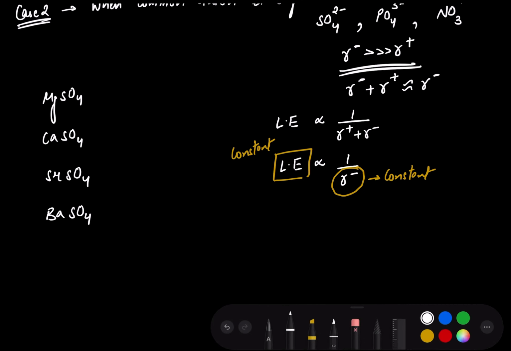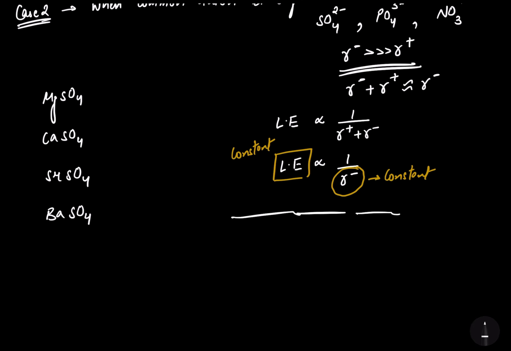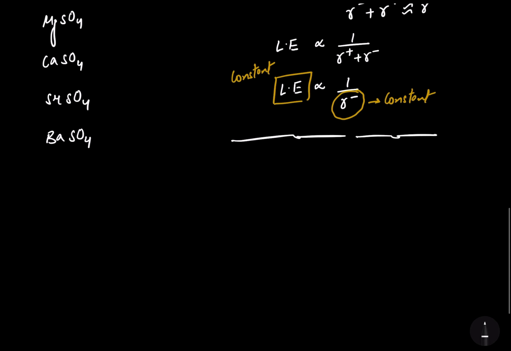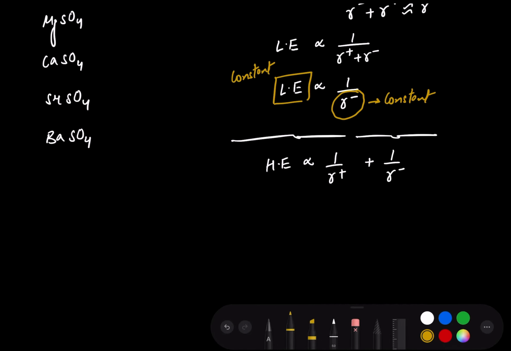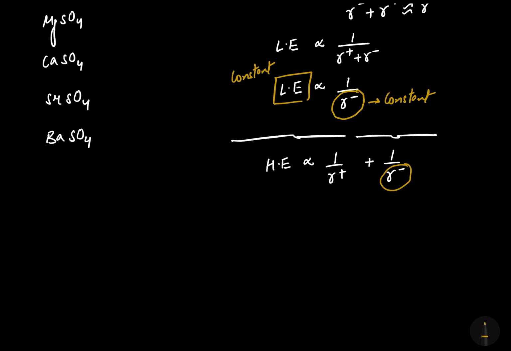Now let's talk about the hydration energy for this part. Hydration energy is inversely proportional to the radius of cation plus the radius of anion. In this case, the radius of anion is very large, so the denominator is very large.